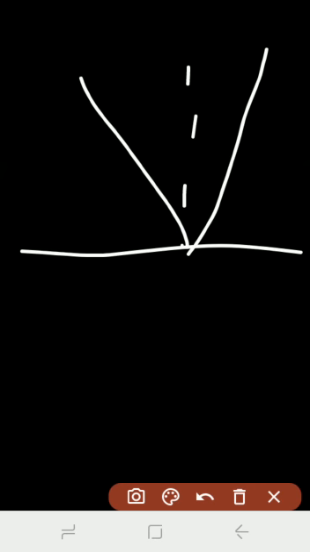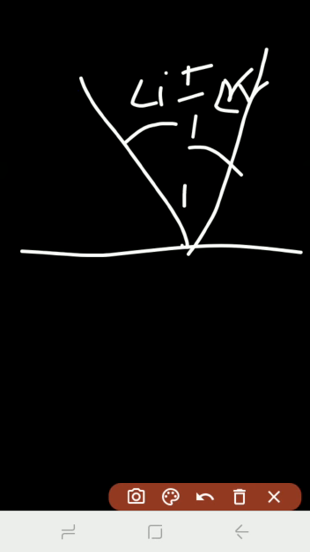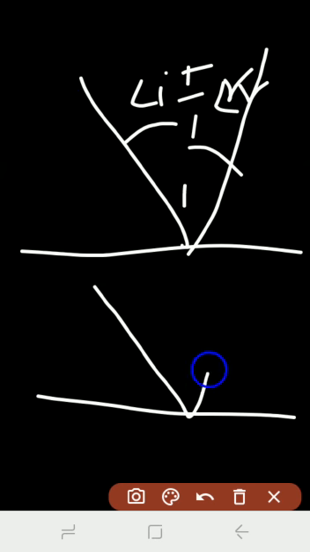This is the normal, this is angle I, and this is angle R. So both will be equal. That means if a ray is incident over here, then the ray will bounce back at the same angle that it forms with the normal.